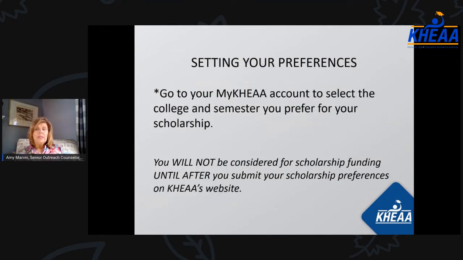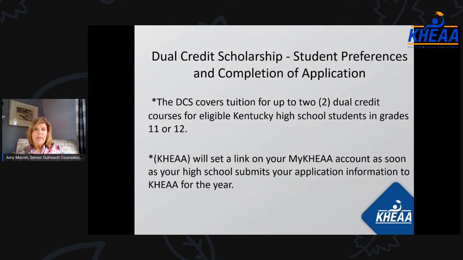But the dual credit scholarship is for Kentucky residents, eligible residents in grades 11 or 12, and you will receive up to 2 dual credit classes. And simply what is going to happen is your high school counselor will send us your name and your pertinent information, and then we're going to upload the link to the scholarship. You will not see this link until your counselor sends us the information.